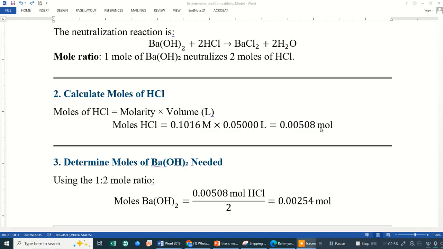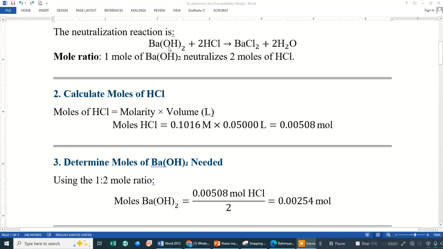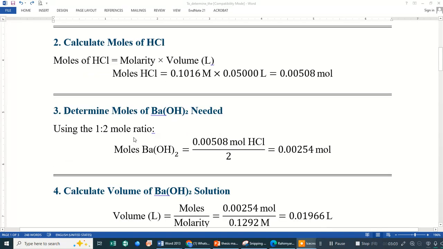Okay, 0.00508 moles of HCl react with how many moles of barium hydroxide? So the next step is to determine the moles of barium hydroxide needed to react with the HCl. So simple. We know that barium hydroxide and HCl react in a 1:2 mole ratio. So divide the number of moles of HCl by 2.